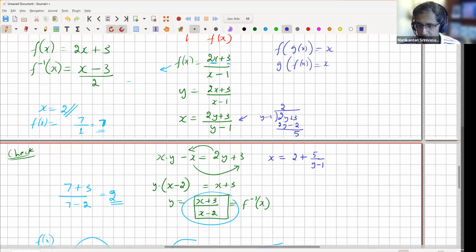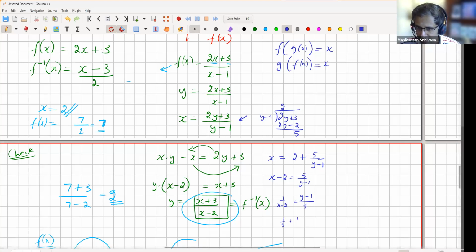Now x minus 2 becomes 5 by y minus 1. How do I simplify this? y minus 1 by 5 equals 1 by x minus 2, I guess. Now I can bring the 1 by 5 and add 1 by 5 plus 1 by x minus 2. Am I right, or am I doing something wrong?